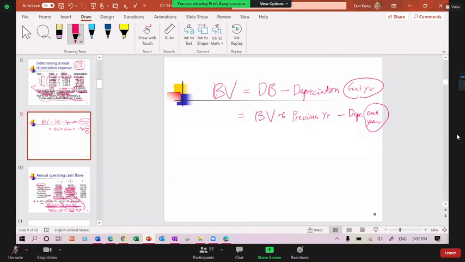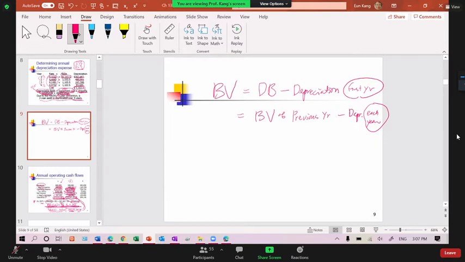So the value of the machine is just the original book value minus each year's depreciation. The value of the machine decreases by the amount of depreciation each year.